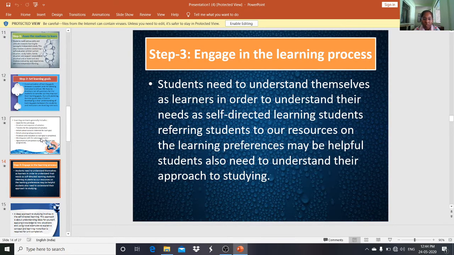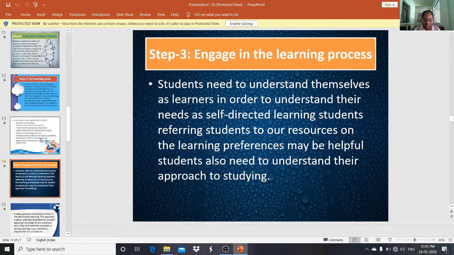Next, step 3, engage in the learning process. Students need to understand themselves as learners in order to understand their needs. For self-directed learning, referring students to our resources on learning preferences may be helpful for them.